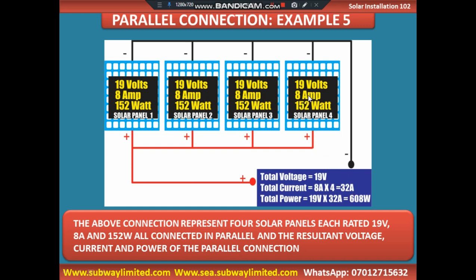That means we have successfully increased the current, whereas the voltage remains 19 volts. The above connection represents 4 solar panels, each rated 19 volts, 8 amp, and 152 watts, all connected in parallel, with the resultant voltage, current, and power of the parallel connection.